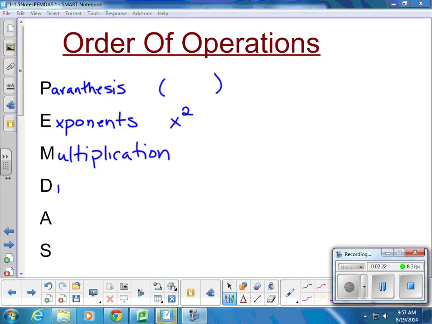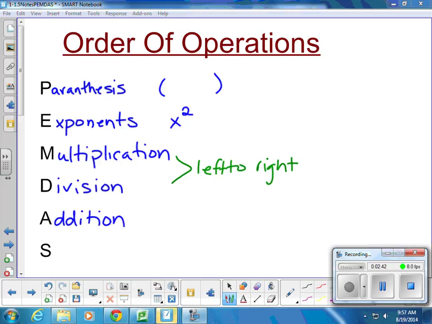And D stands for division. These two go in order from left to right. Similarly, with addition and subtraction, so those are partner operations, inverse operations.